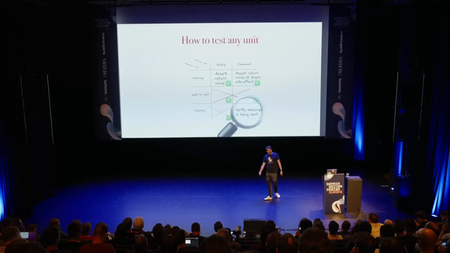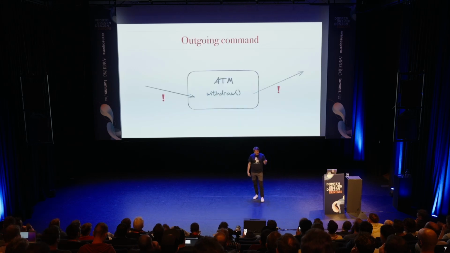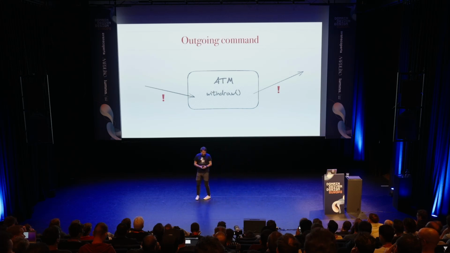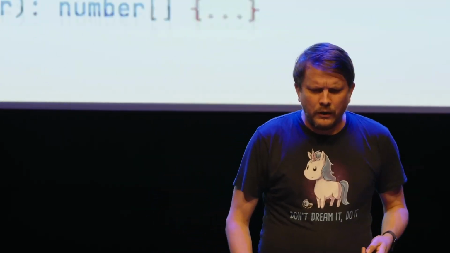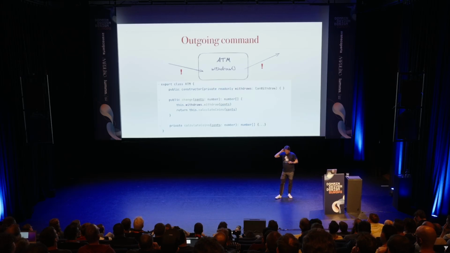And the last one is that we verify that a message is being sent. This is if there's an outgoing command. So in ADM withdraw, for example, I say I want to have 5 euros. Someone somewhere wants to deduct 5 euros from my bank account, for example. So again, there's the change method.